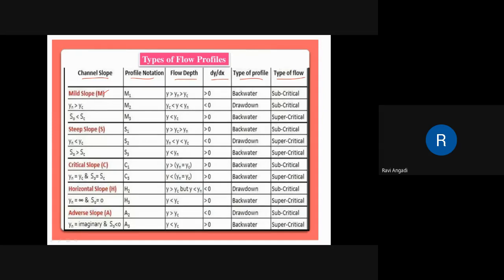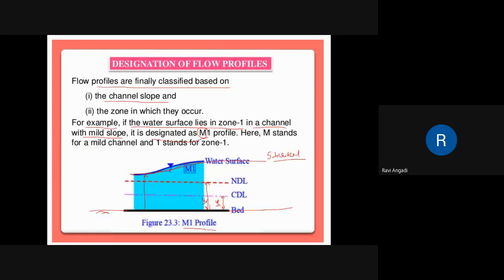And dy by dx should be more than 0, meaning positive. Is it a backwater curve or drawdown type of profile? Backwater curve. What kind of flow do you get? Subcritical.